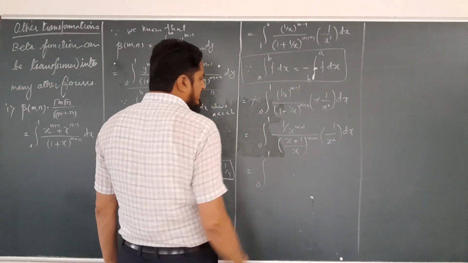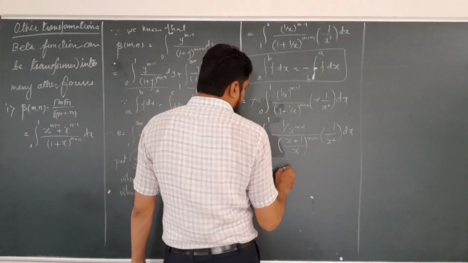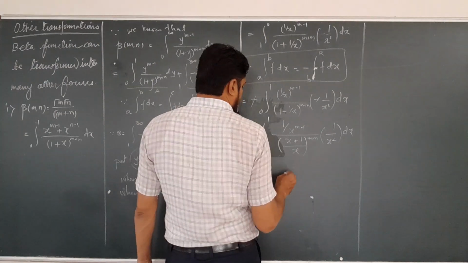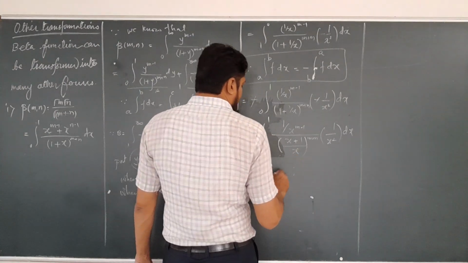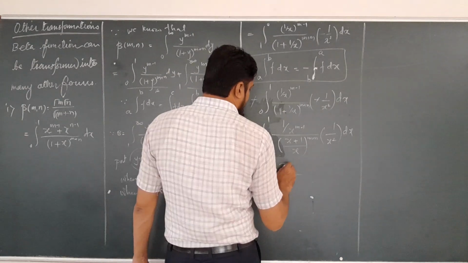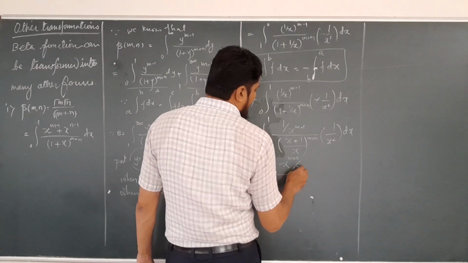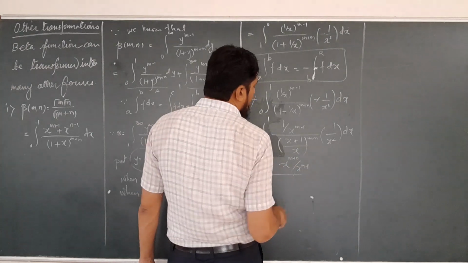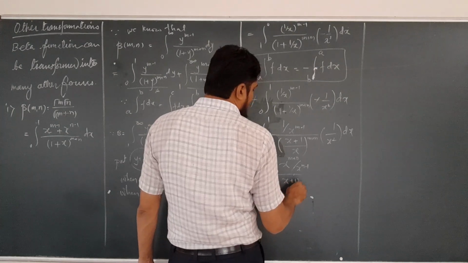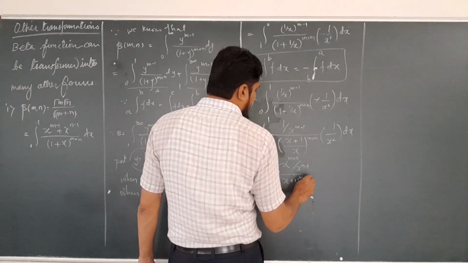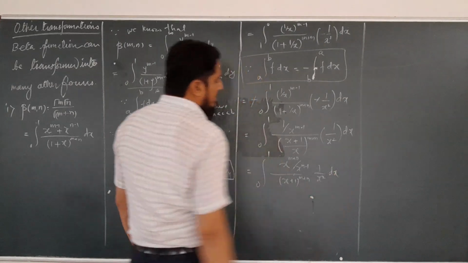Now we simplify this equation. We will get 1 upon, or this x shifts to the numerator, x raised to m plus n upon x raised to m minus 1, then x plus 1 raised to m plus n, times 1 upon x square dx.